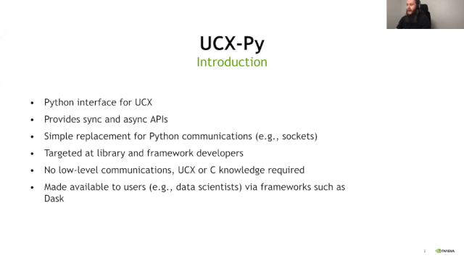Because we provide a high-level library, no UCX or C knowledge is required to get started with UCX-Py. Just basic client-server communication understanding is enough. Today, the largest consumer of UCX-Py is a framework for scalable analytics called Dask, and UCX-Py is made available to users normally via frameworks such as that one.